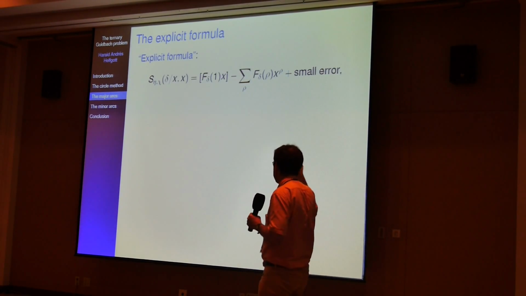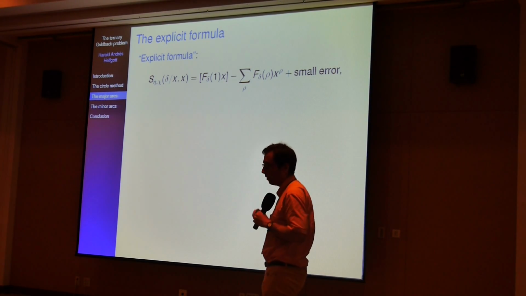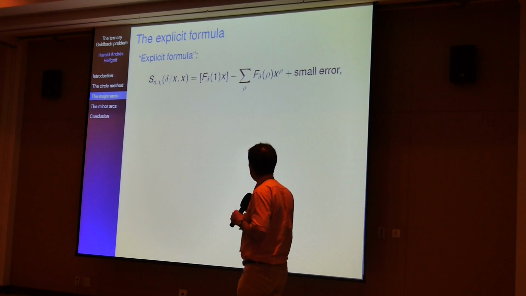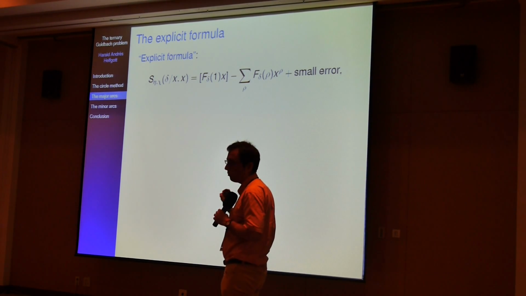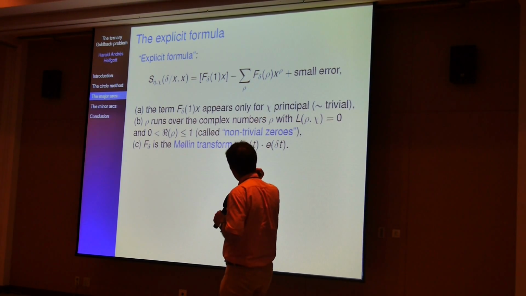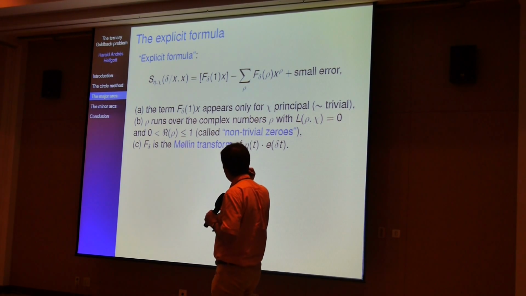So the most efficient way, really, is to use the so-called explicit formula in analytic number theory. What does this mean? The term within brackets appears only when chi is principal, meaning when it's basically the trivial character. The small error is tidy, forget about that. Now, this mysterious sum is a sum over rho. What are the rhos?